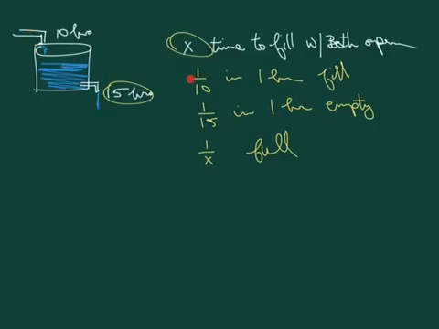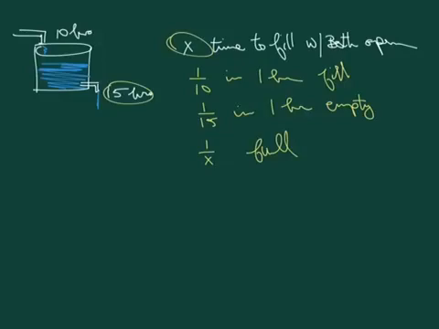So in 1 hour, it'd be 1/10 full if it takes 10 hours to fill it. 15 hours to empty it, so we would empty 1/15 of it in an hour. And if it takes X hours to fill it with this open and this open, then we'd fill it 1 over X full, partially full, in 1 hour. So these are our 1 hour filling and empty bits of information.